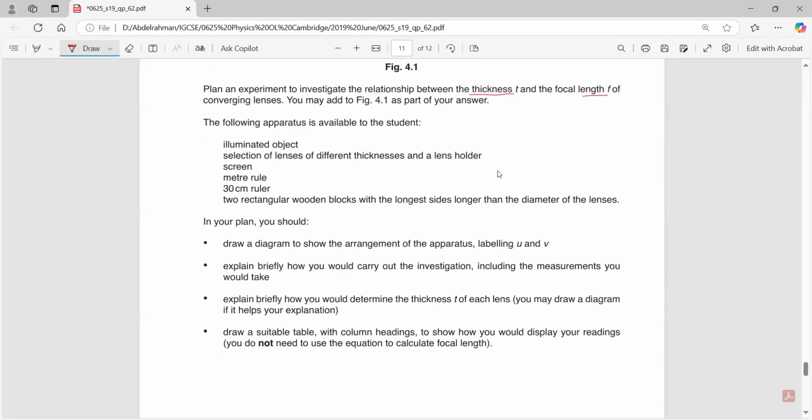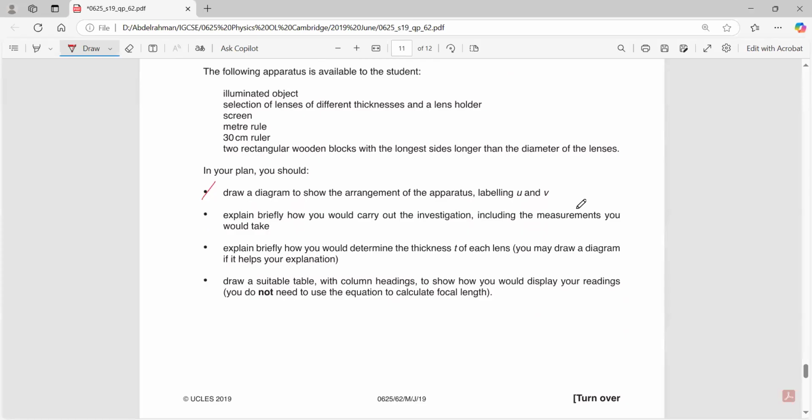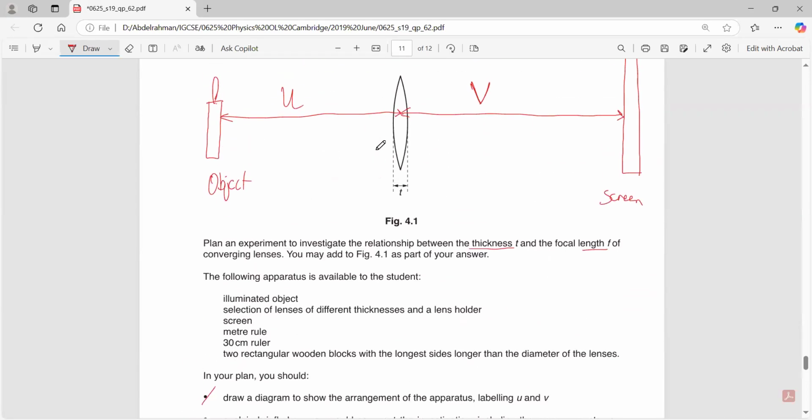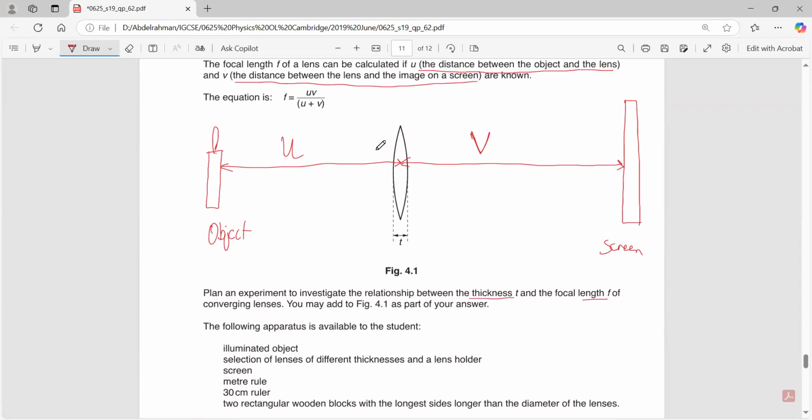Explain briefly how you would carry out the experiment. How you determine the thickness is quite an important point. How can you determine the thickness of each lens? Then we need to draw the table.